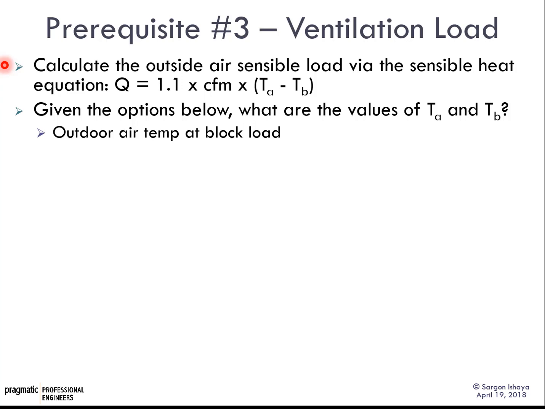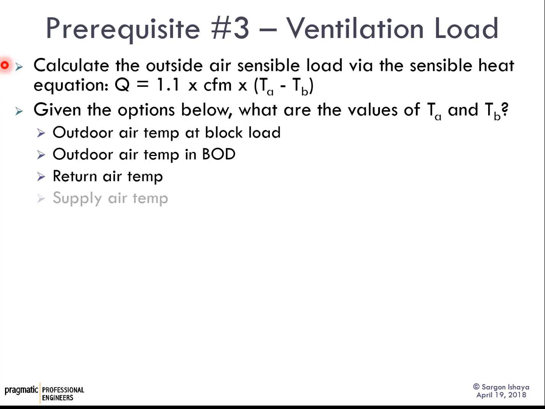We could say it's the outdoor air temperature at block load. We could say that the outdoor air temperature in the basis of design is one of those parameters. We could say one of them could be the return air temperature, could be the supply air temperature.